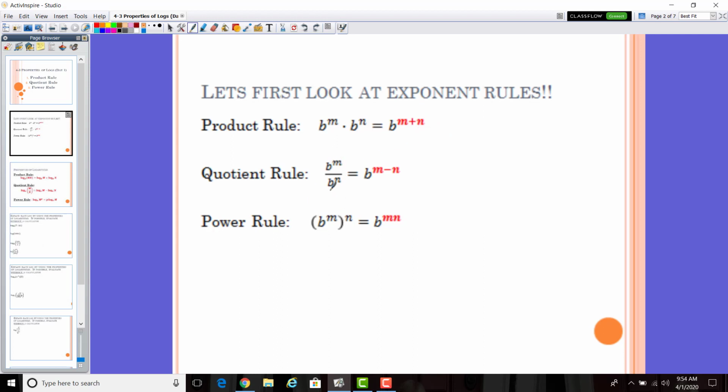When we are dividing, or we have a quotient of 2 exponential terms with the same base, we have a component of subtraction. We're allowed to subtract those exponents. Power rule, 1 base, 2 exponents, we're allowed to multiply. So I want you to see the connection between multiplication and addition, division and subtraction, and multiplication, and what we're allowed to do there.